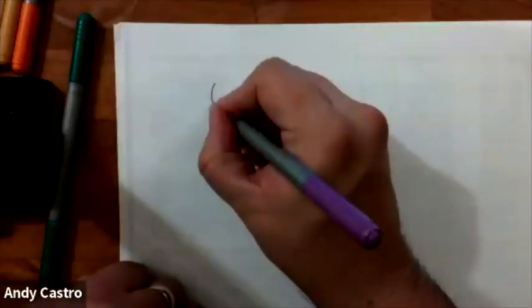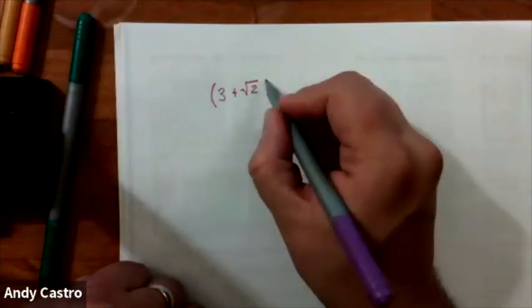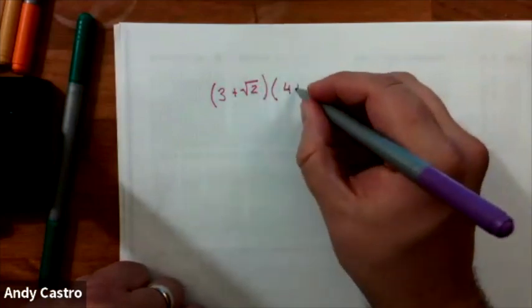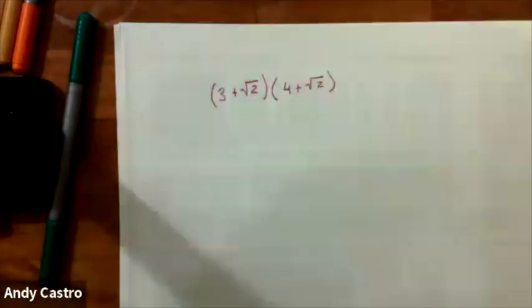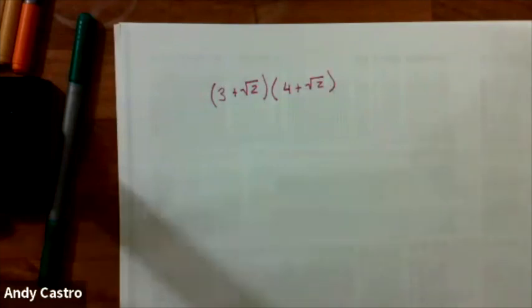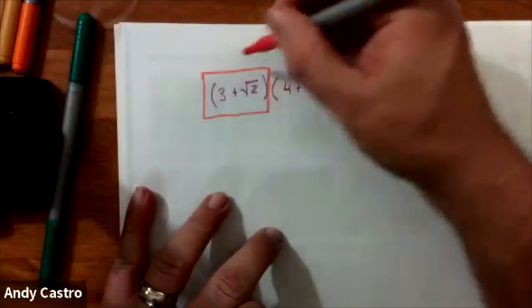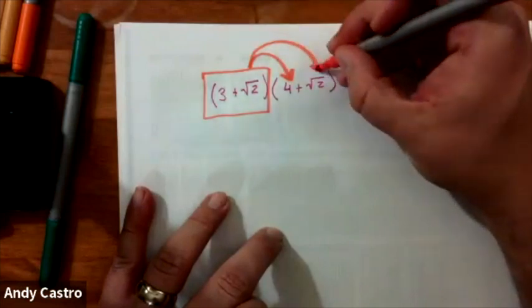So let's do 3 plus the square root of 2 times 4 plus the square root of 2. All right. So here we're going to do some distribution. We've got this whole block right here that we're going to multiply by this number, and we're going to multiply by this number.